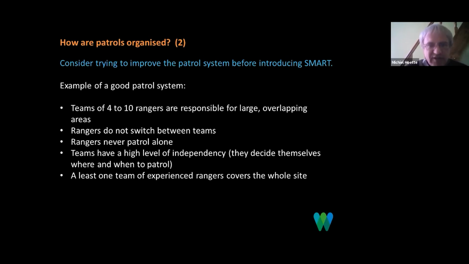When all this will be monitored with SMART, you simply set targets for them, and they should implement them on a monthly or two-monthly basis or something like that. That is better. That creates a higher level of feeling of responsibility, and for the development of skills and rangers that feel confident and take initiative, which I think is all what is needed. It helps when they have a high level of independence.